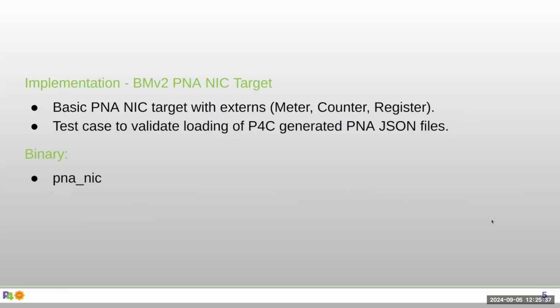By doing this implementation, contributions have been made to both the BMv2 GitHub repository and the p4c GitHub repository. In BMv2, we have created a basic new target called the PNA target, with all the externs like meter, counter, register, internet checksum, etc. We also added a test case: if we give a PNA P4 program to p4c, p4c will generate a PNA JSON file.